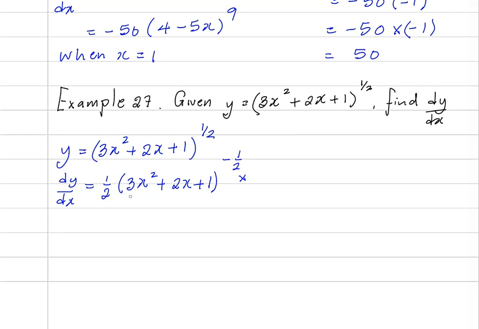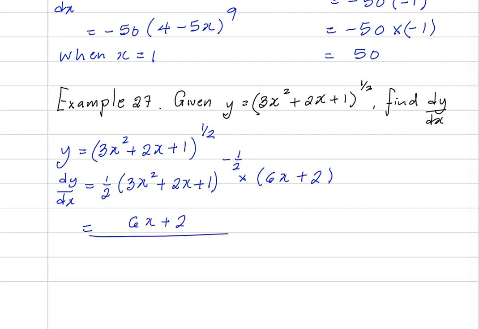So when you differentiate 3x squared, you're going to get 6x. When you differentiate 2x, you're going to get 2. And when you differentiate 1, you're going to get 0. Whenever you differentiate a constant, you get 0. Alright, so my 6x plus 2 goes to the top.